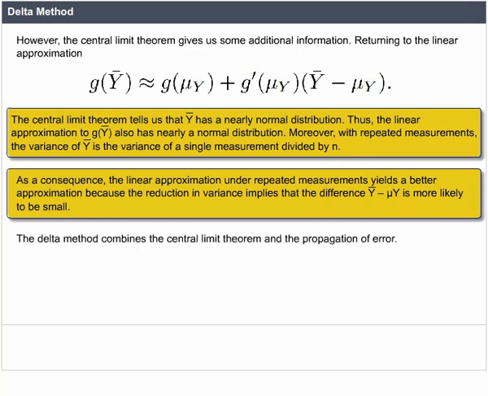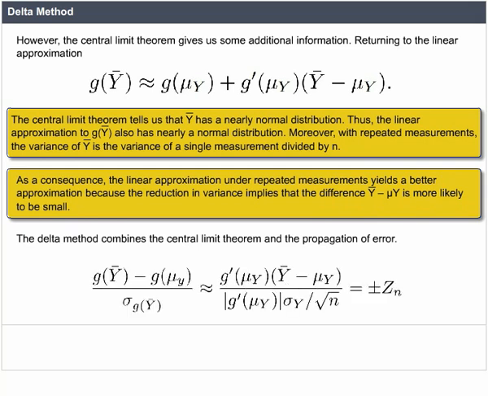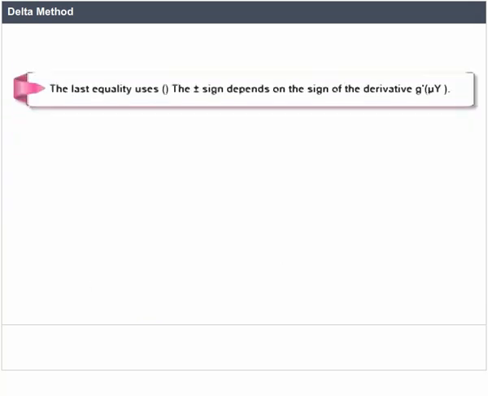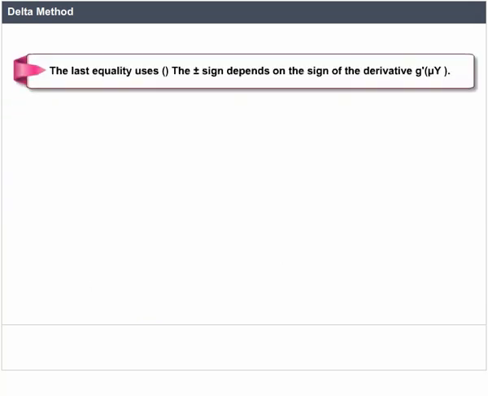The delta method combines the central limit theorem and the propagation of error. g(Y bar) minus g(mu_y) divided by sigma of g(Y bar) is approximately equal to g'(mu_y) times Y bar minus mu_y divided by the absolute value of g'(mu_y) times sigma_y divided by the square root of n, equal to plus or minus Zn. The last equality uses absolute value brackets.